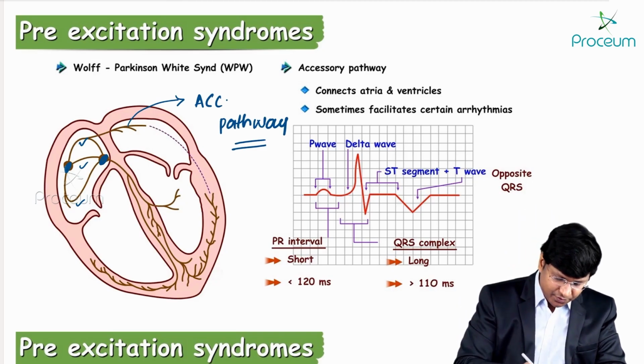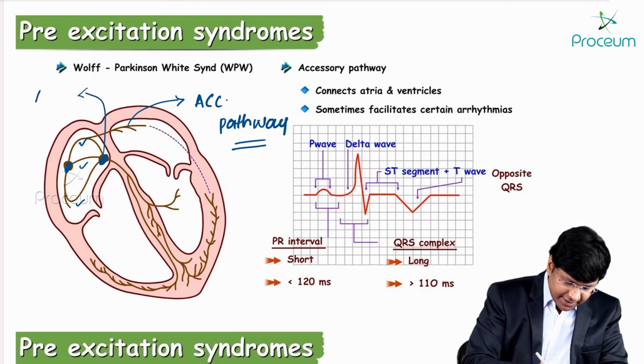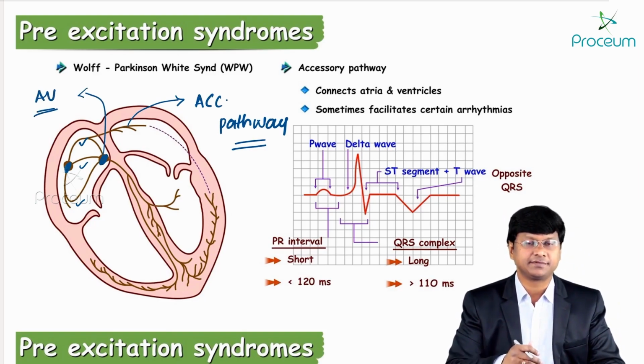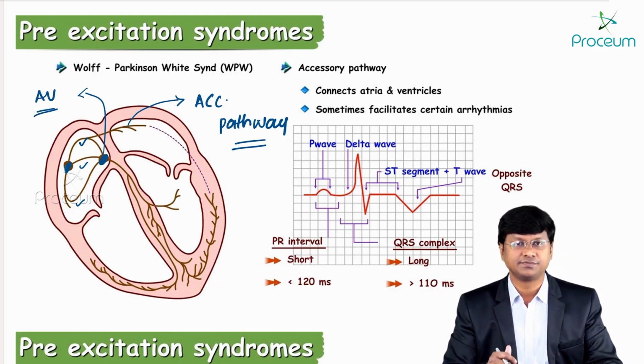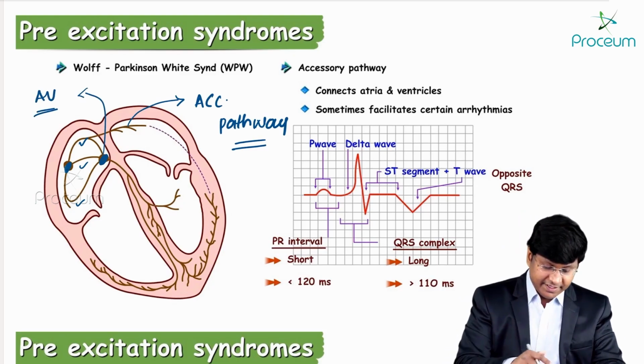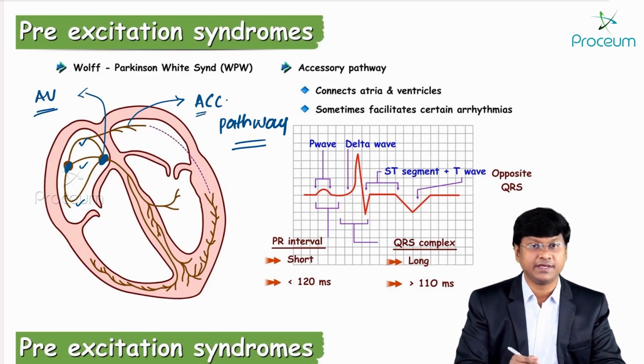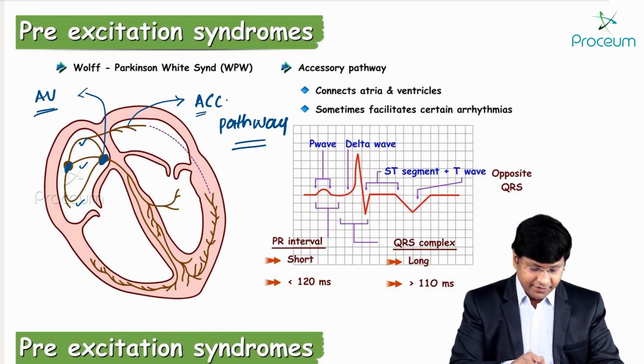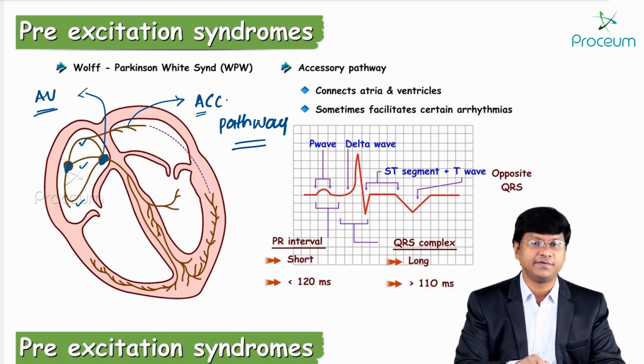Normally, the AV node acts as the speed breaker for the transmission of the impulses. Now, if there is an accessory pathway, the impulse from the SA node directly enters the ventricle without the intervention of the AV node.